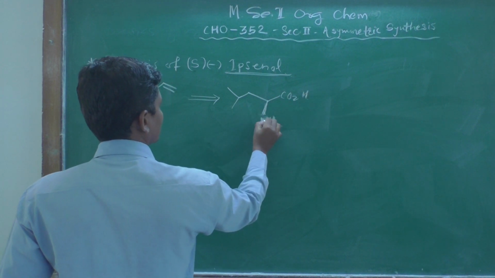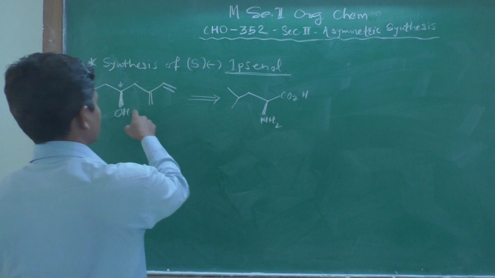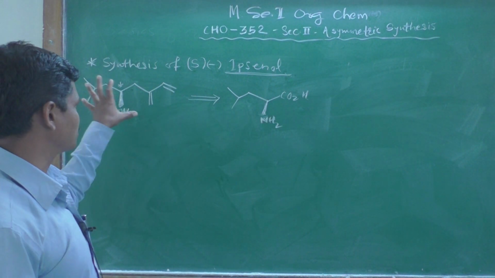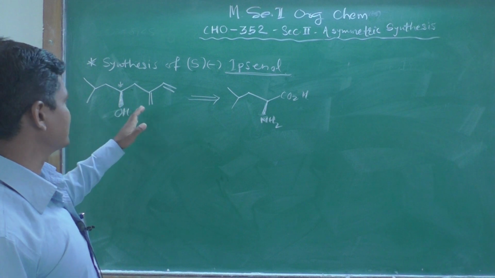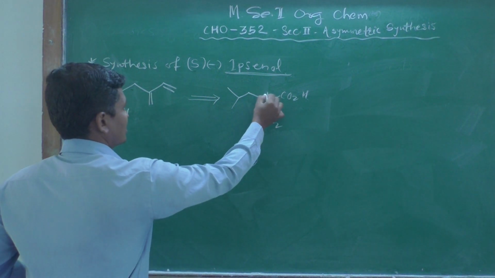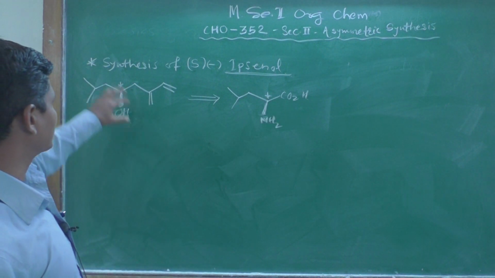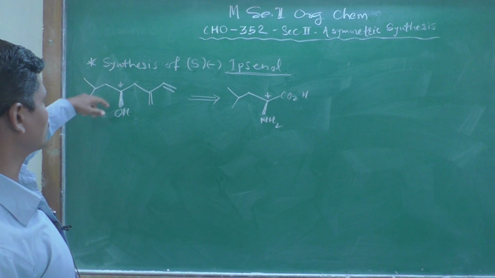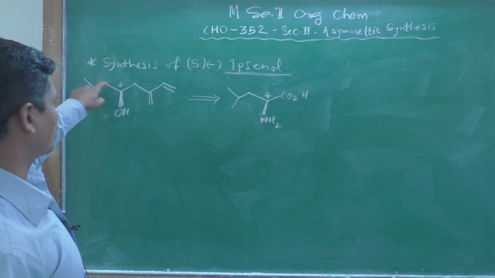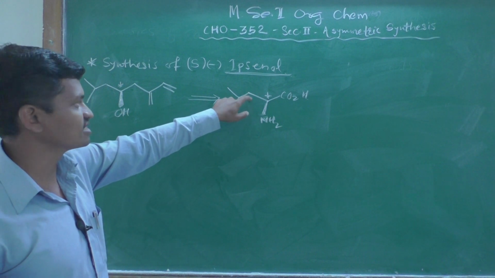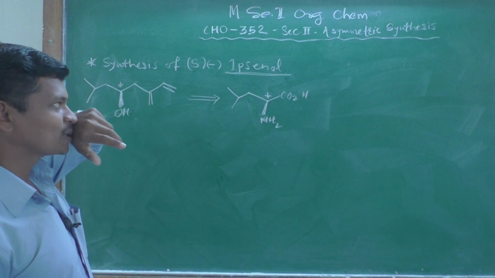Okay, so this is not obtained directly. We have done a retrosynthetic analysis on this molecule. Our target is how to obtain this stereochemistry at this chiral center with the same side chain. The side chain is an isobutyl group, 1 2 3 4, and the isobutyl group is as it is here.